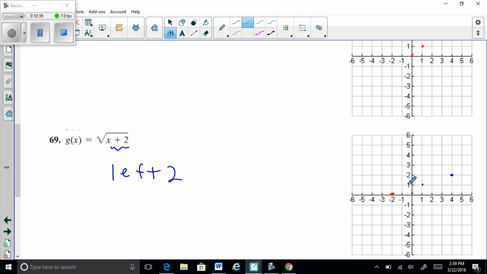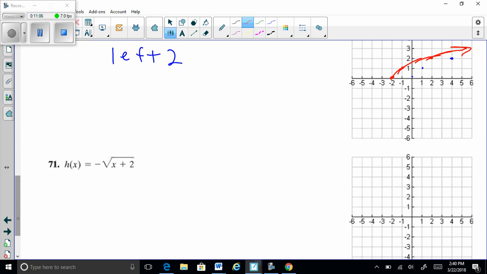Here, here, and here. And there we go. Like I said, life's going to be pretty easy if you get these transformations down. If not, you could plug in points, but you have to be careful because you don't want to plug in anything less than -2, because then you'd square root a negative and that wouldn't work.